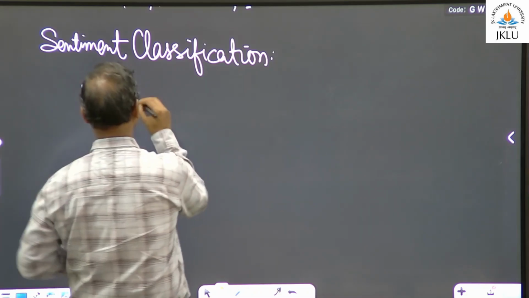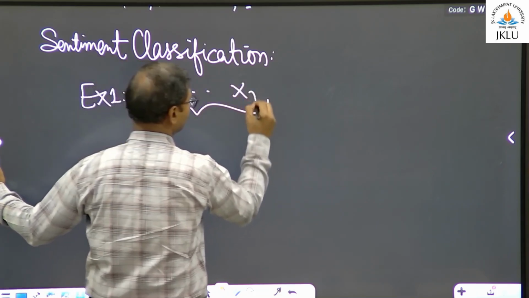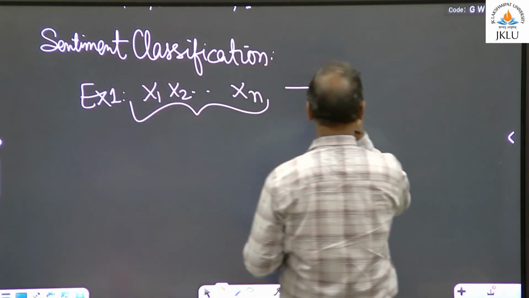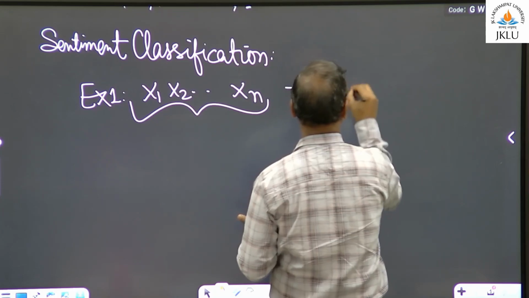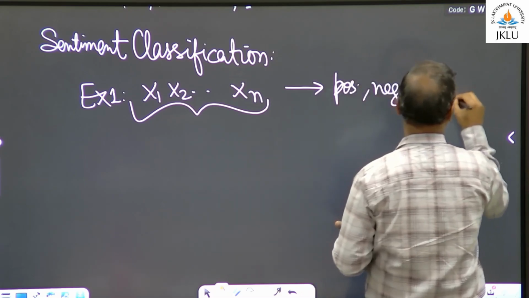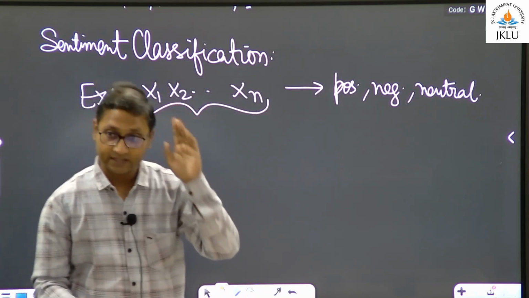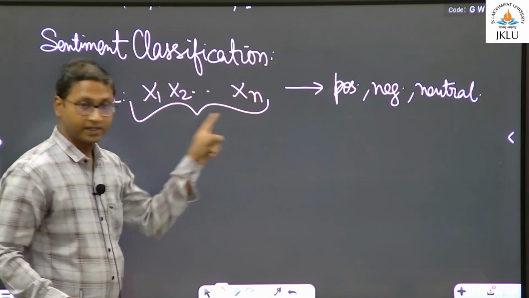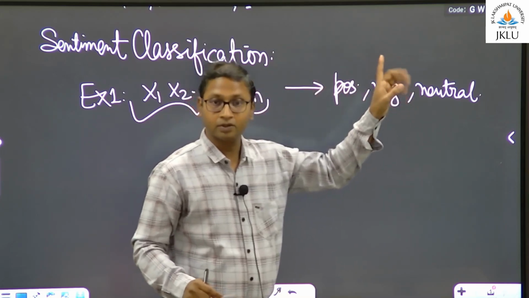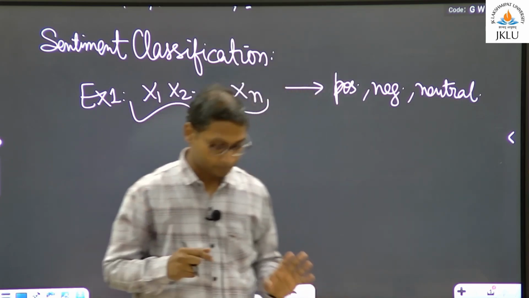Now example 1 is nothing but a combination of different words, okay, and you will assign sentiment. So it can be, let's say, positive, negative. Let's say I am keeping just 3 classes, neutral. So you will need to make a data set where examples are there, and you need to annotate each example as positive, negative, neutral, then train on that particular data set for this particular task.